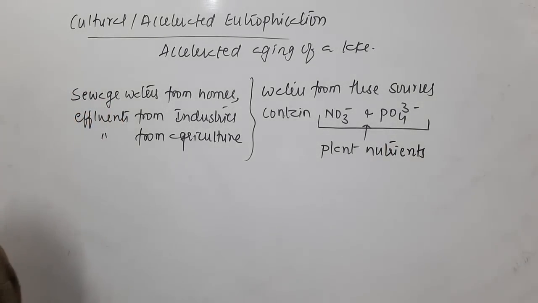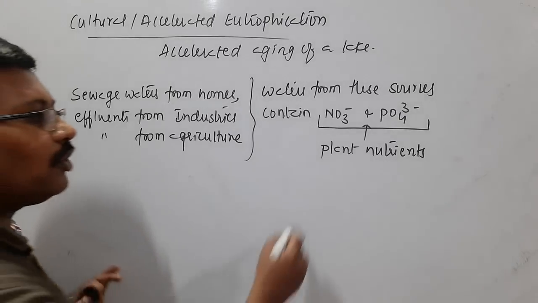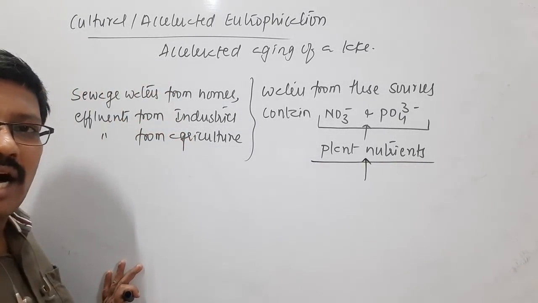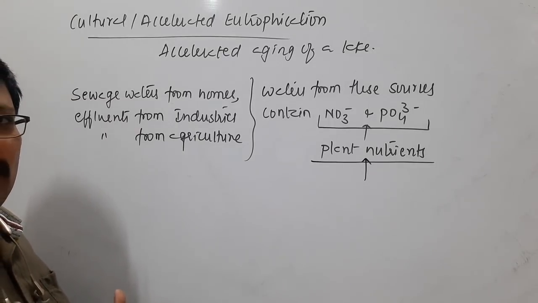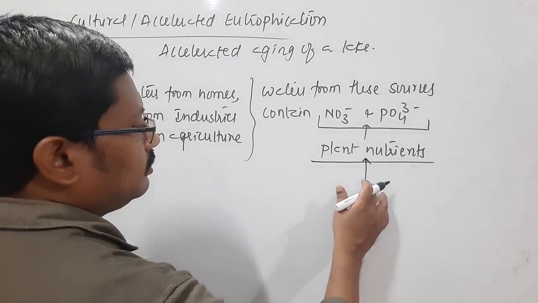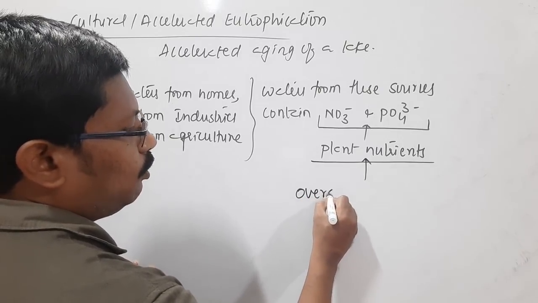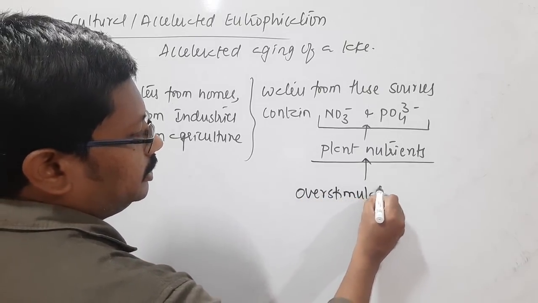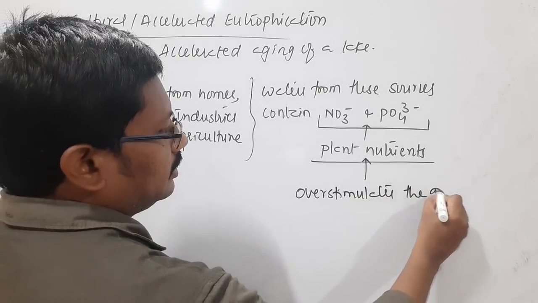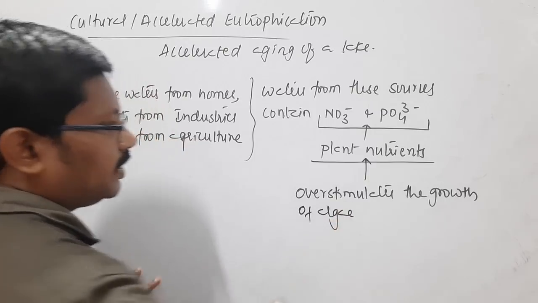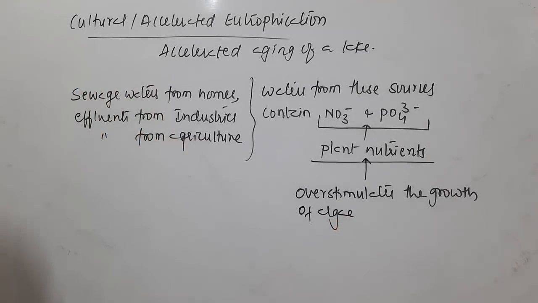And if these plant nutrients are available in the water, the algae and other plants may grow in huge numbers. So this overstimulates the growth of algae in that water body.